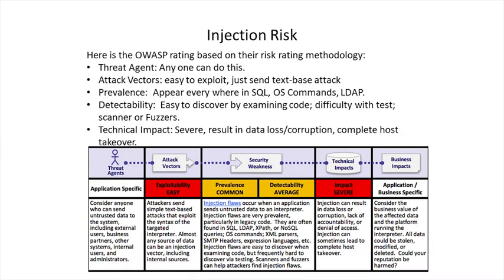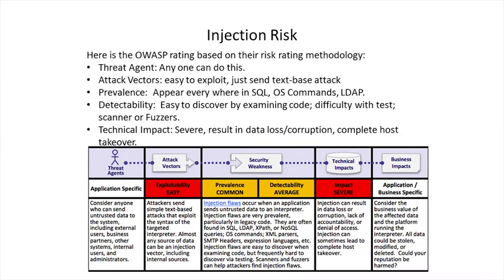Okay, so they rank it as average in this case, in this particular criteria. For the detectability, typically we can also use a software tool like Scanner or Fuzzer to generate automatically a different kind of testing script to attack the website. In our case, we will perform the code review in the next couple of slides.